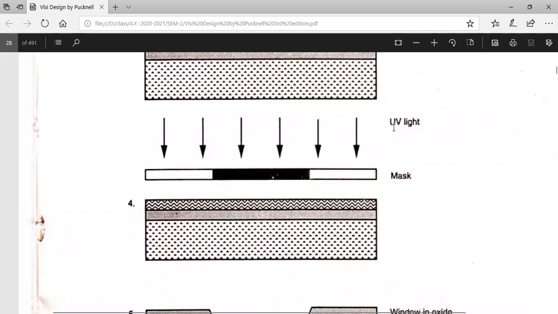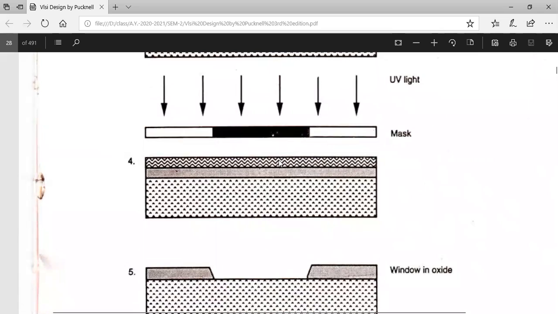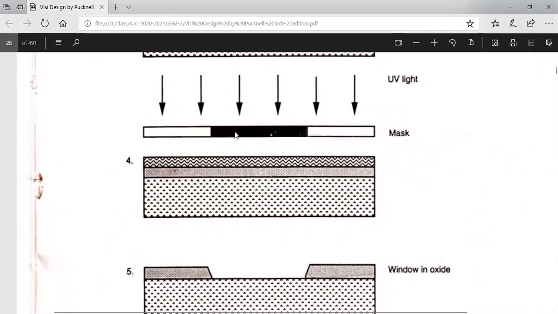The characteristic of this photoresist is that the part which is exposed to the light behaves differently. You can see here, this is the mask, and the black color present here is the barrier.